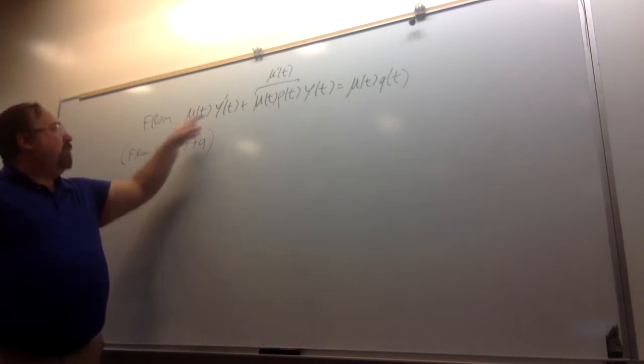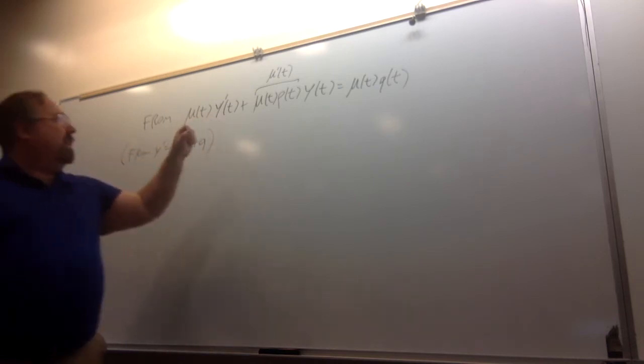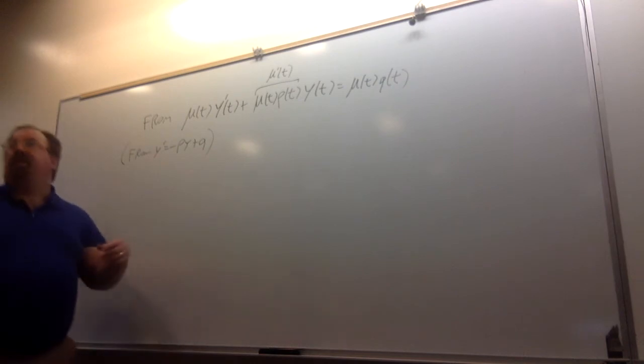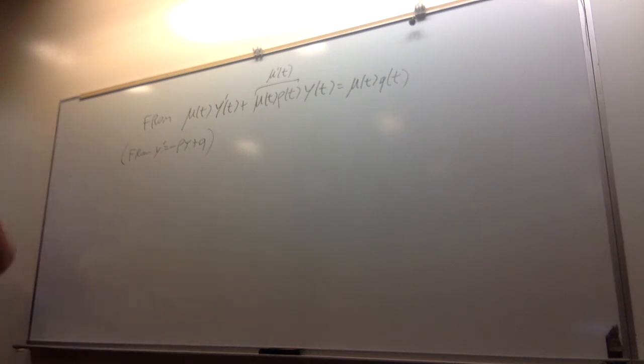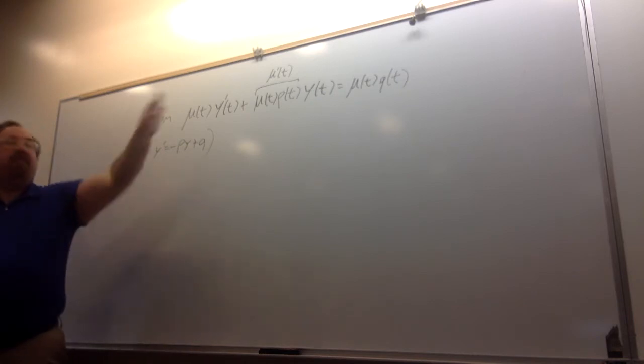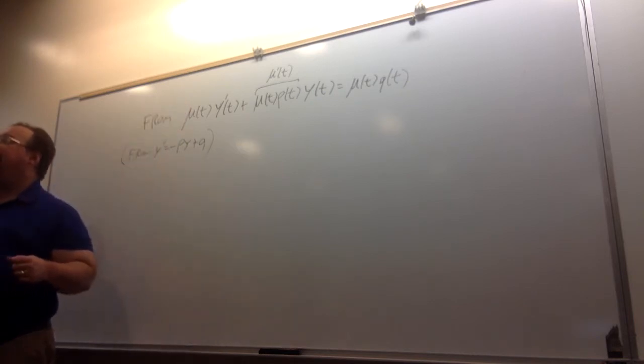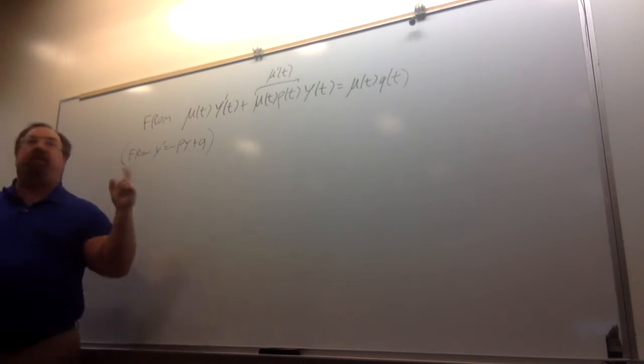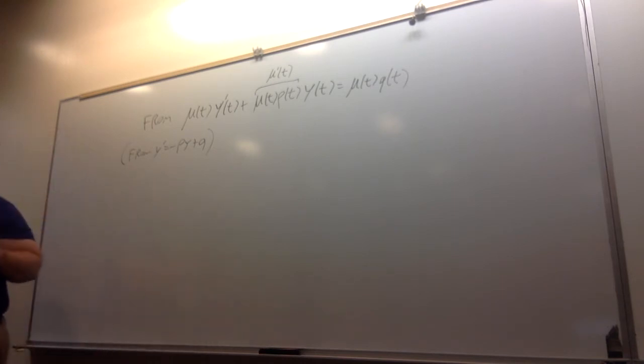Here I have mu y prime, and here I have y mu prime. What differentiation rule in calculus, as you learned in Cal 1, gave you an expression like that? Two terms, each one function is differentiated, the other is not.